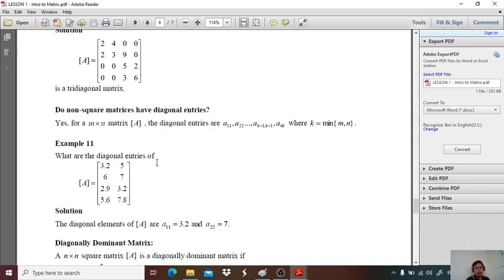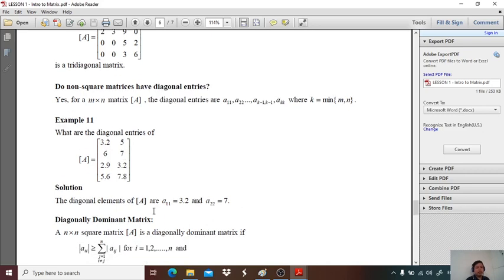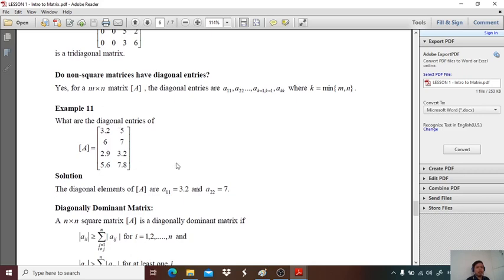Yes. Because in an m by n matrix, we consider diagonal entries A11, A22, A33, and so on until the minimum number of rows or columns. So let's try this. We have A11 and A22, so we have two diagonal elements in matrix A in example number 11.